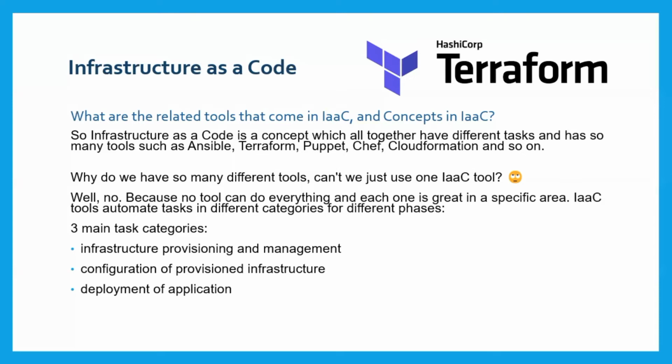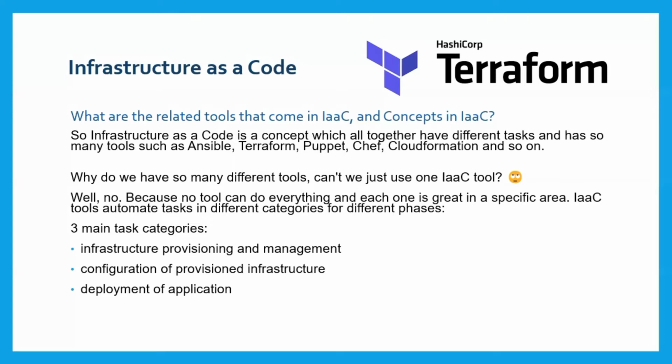Second comes configuration of already provisioned infrastructure. There you will install all the applications required for that particular application to be deployed, then manage those applications through some configuration, and prepare your infrastructure with all the necessary stuff and dependencies to deploy that particular application.